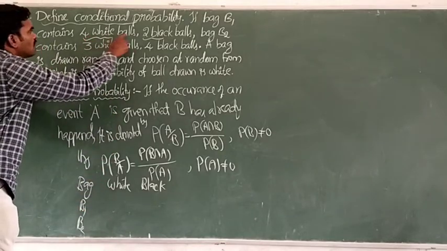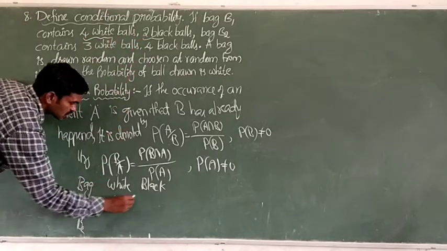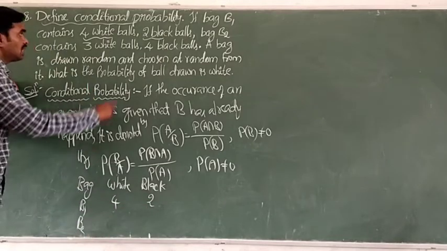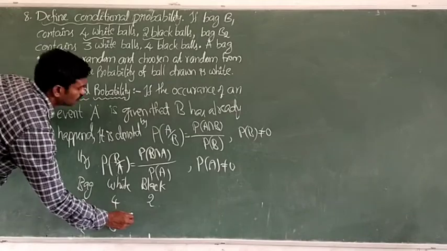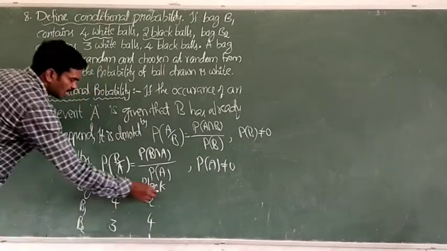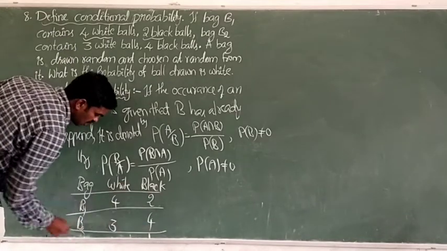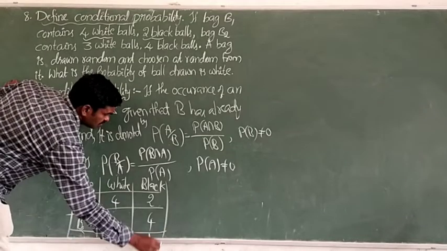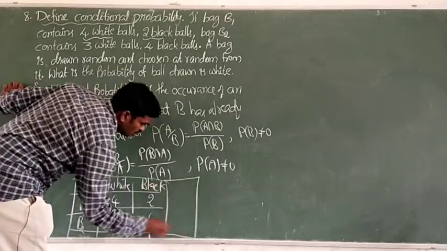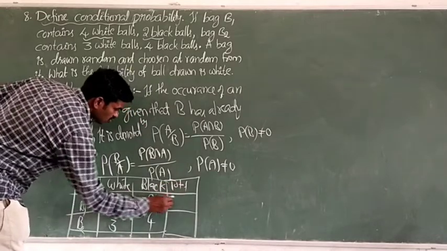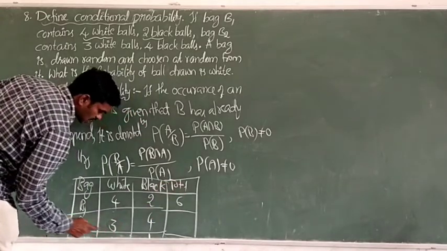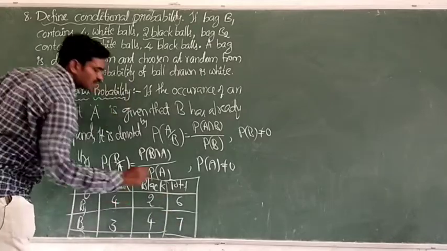Bag B1 has 4 white balls, 2 black balls. Similarly, bag B2 contains 3 white and 4 black balls. This is the given information represented in a table, which is very useful to understand clearly. Total for bag 1 is 2 plus 4, 6, and bag 2 contains 3 plus 4, 7 balls.